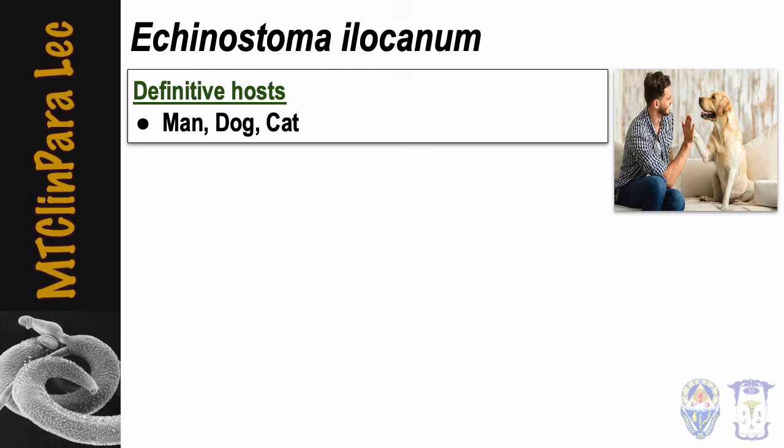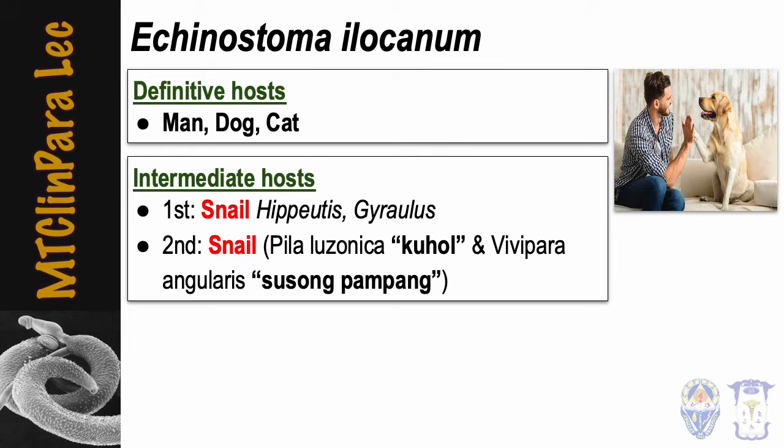In terms of their life cycle, as you can see, the cycle goes through dogs, cats, and humans. But in terms of clinical parasitology, humans are the most important definitive hosts. For the intermediate hosts of Echinostoma ilocanum, note the unique snail requirement: the first and second intermediate hosts are both snails.